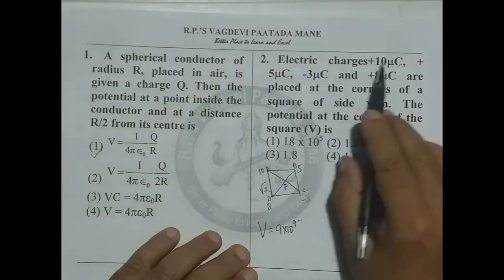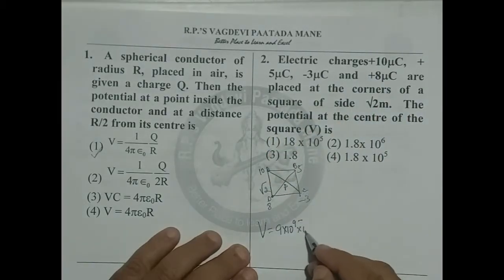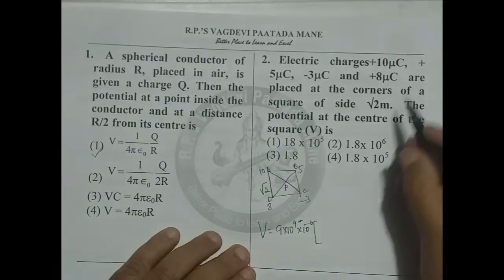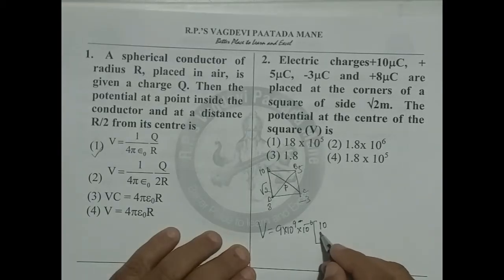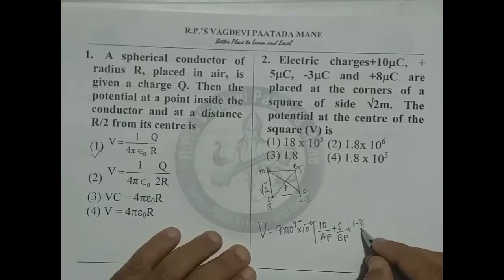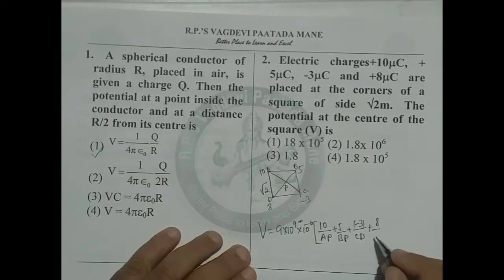Since all the charges are in microcoulomb, I write 10 raised to minus 6 also taken out. Now I write first 10 microcoulomb and its distance from the center is AP, plus 5 by distance BP, then minus 3 distance CP, plus 8 distance DP.